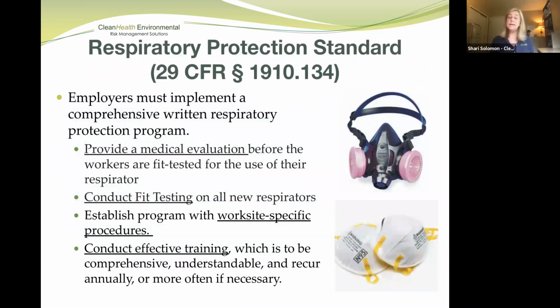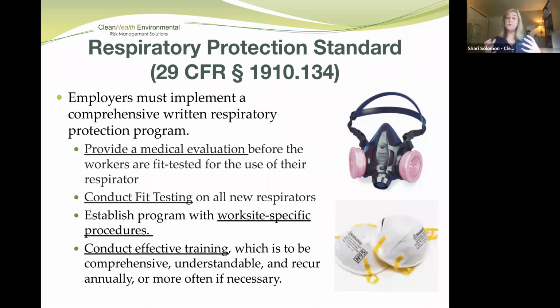And this, again, is somewhat new to the long-term care community. We've been very busy working with communities with creating the respiratory protection program. Again, it needs to be a written program. And then part of that written program is the medical evaluation that's conducted, and then the fit testing that's conducted.